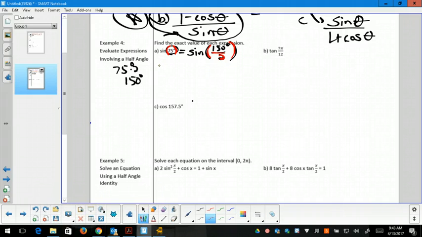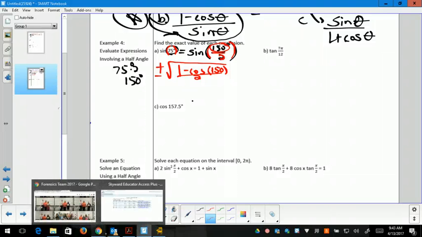So I have plus or minus the square root of 1 minus cosine of, this is our new theta, 150 over 2. And that's all underneath the radical.